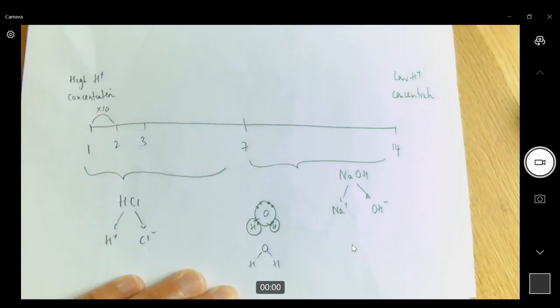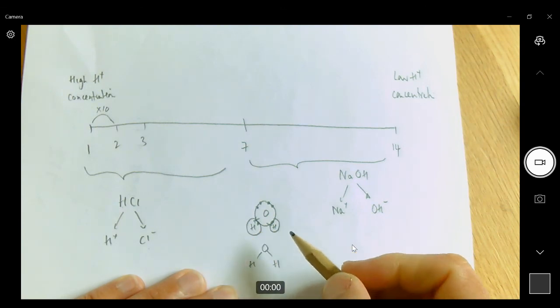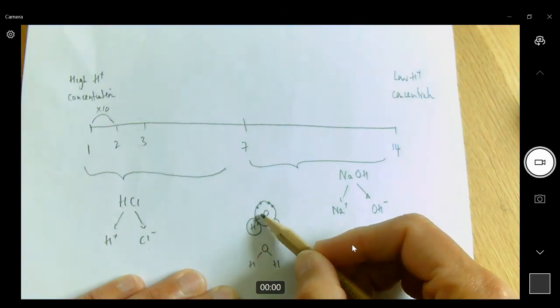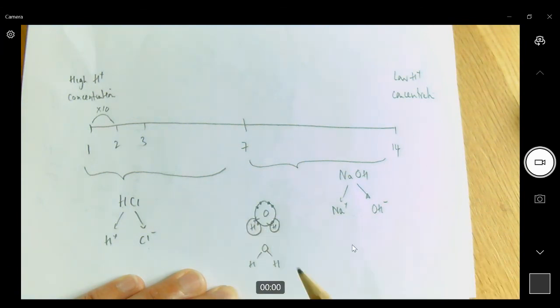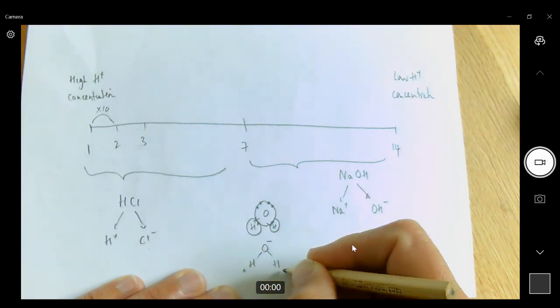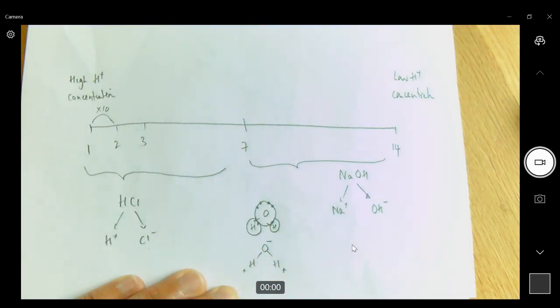But it's not quite as simple as this. Actually, the oxygen here is a little bit greedy for electrons, and it pulls the electrons a little bit closer to itself and further away from the hydrogens, which means that overall the oxygen is slightly more negative than the hydrogens. Just very slightly, and this is called a polar molecule.